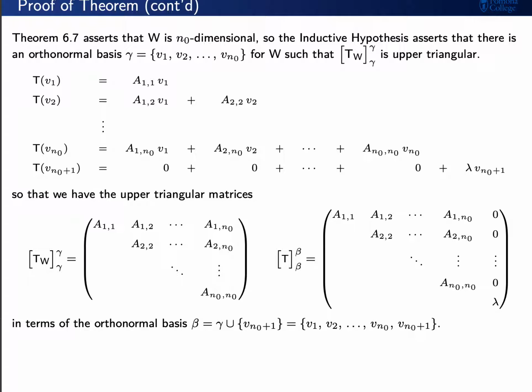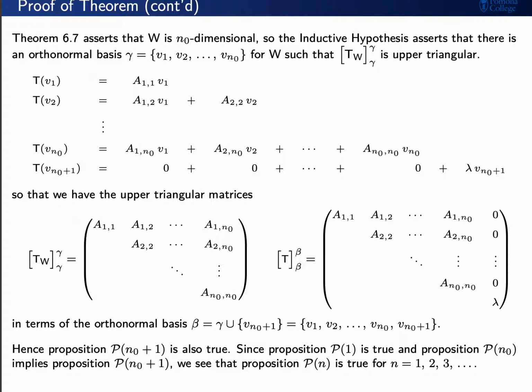But now, in adding in just one more vector, v_{n+1}, we see that the matrix representation of T with respect to our new basis, beta, found by adjoining one more vector to our orthonormal basis, gamma, must consist of this column, which is 0, 0, 0, all the way through the last one, which is lambda. This actually does show now, by induction, that our proposition P(n) must be true.